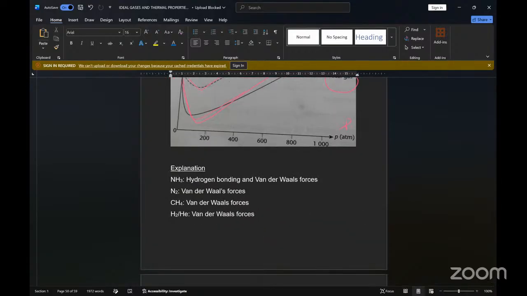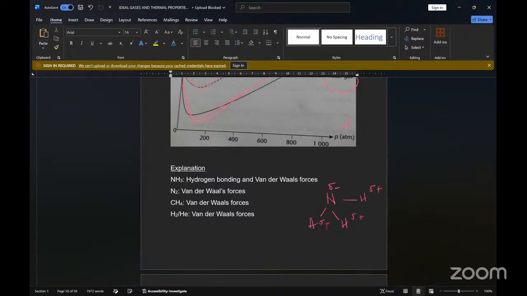Ammonia has hydrogen bonding. If you recall, this is ammonia like this, H, H, and then H. Because of the electronegativity of nitrogen, it tends to pull electrons towards itself. So it's delta negative, delta positive, delta positive, delta positive.